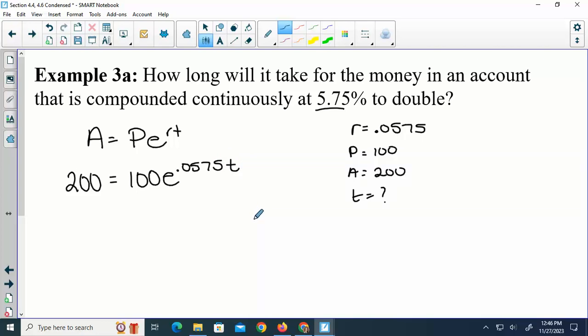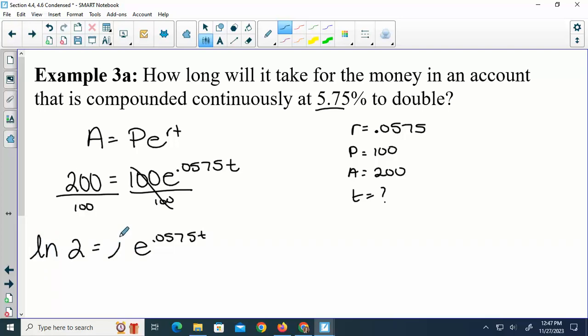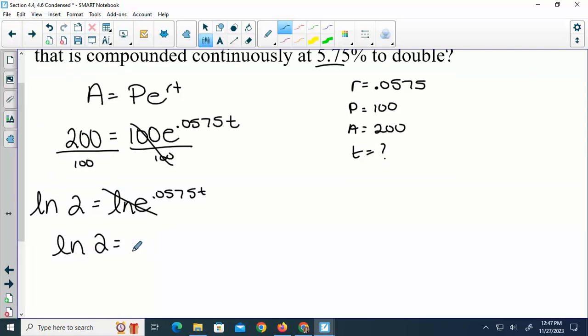So to get to that t value, we have to do what? So we can add our natural log on each side. A natural log and an e cancel.